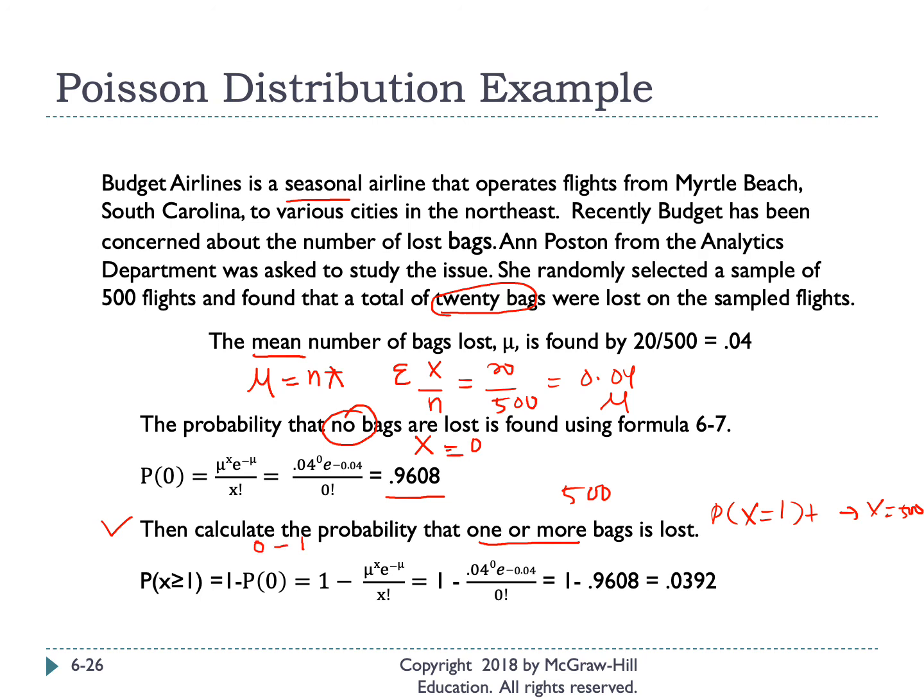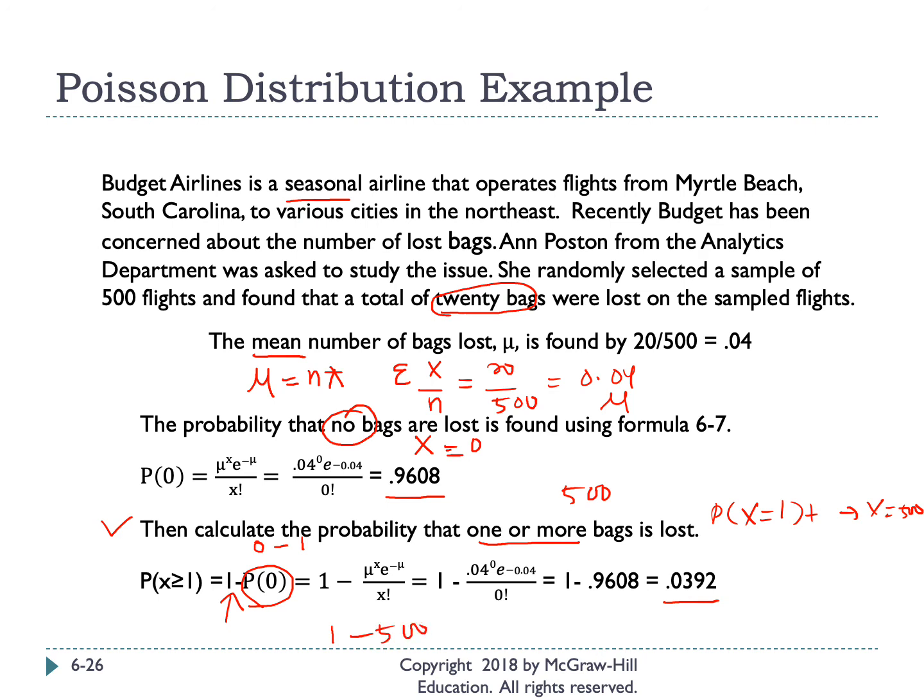So you can just take 1, which is the total probability, minus the probability of 0. So you will get the value of 0.392. It means that once you take the total value, which is 1 minus the probability of 0, it has covered the values of lost bags from 1 until 500. So you can also do that.